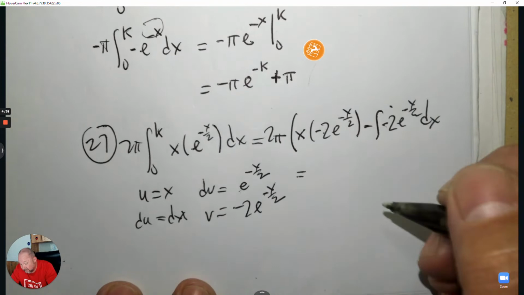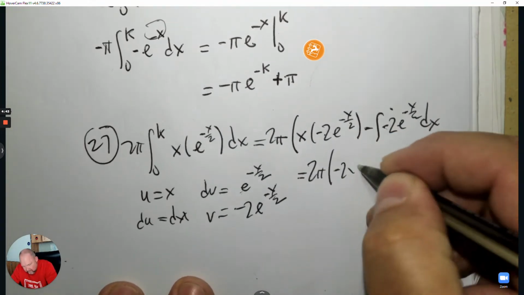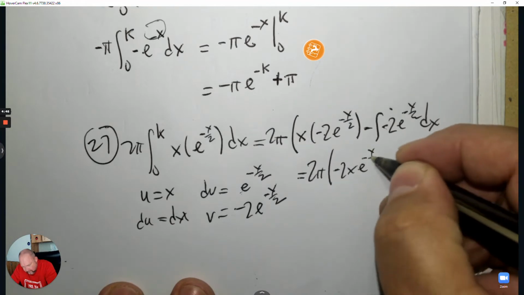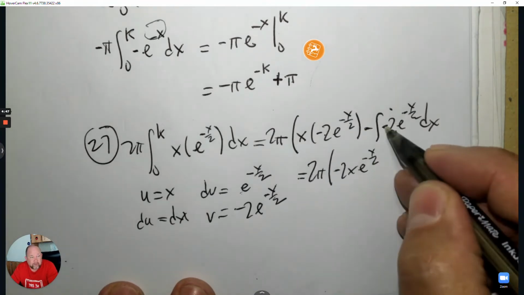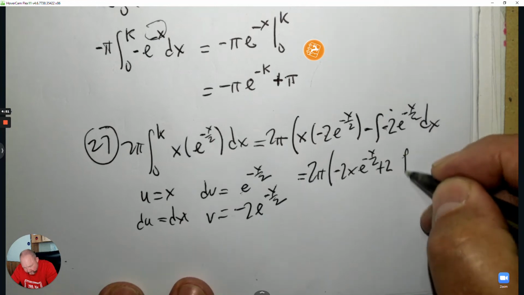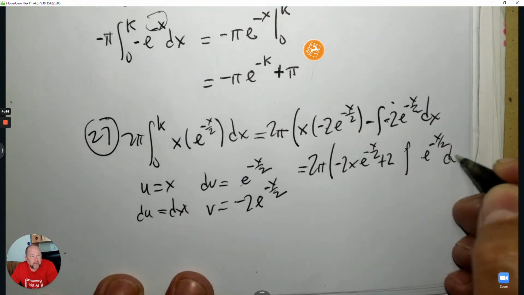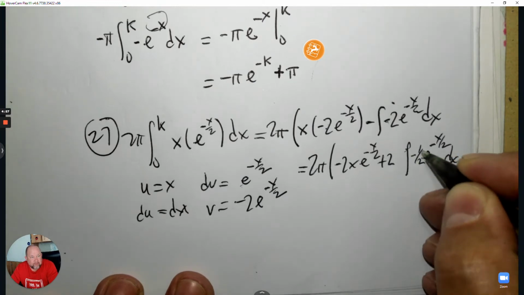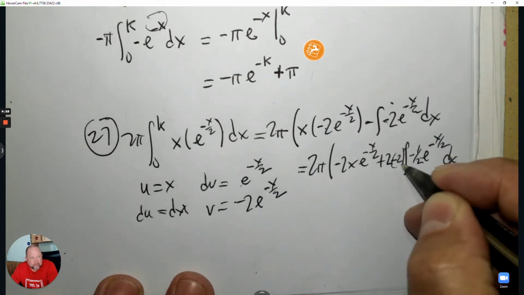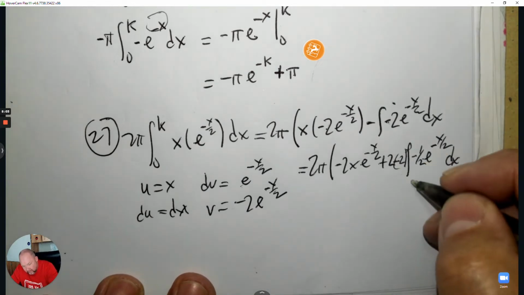Going to clean this up. A negative times a negative is positive, and the 2, I'm going to put that in front too. This is negative 1/2, which means I need another negative 2 here. Again, I'm integrating from 0 to k.